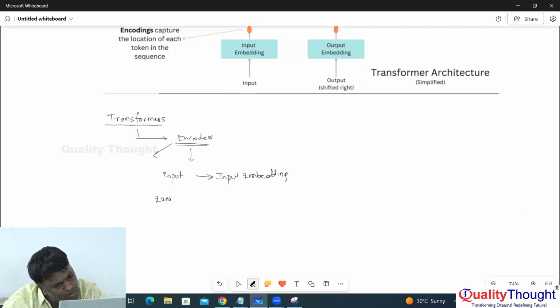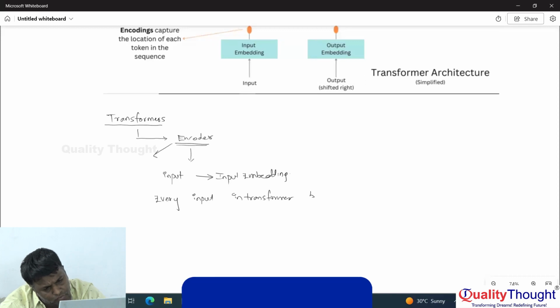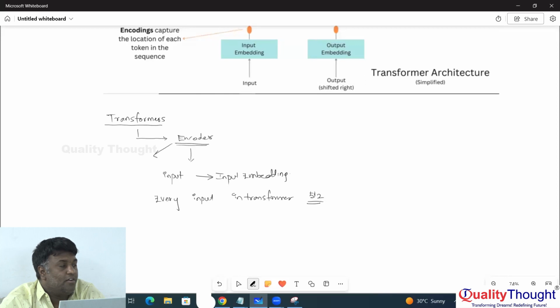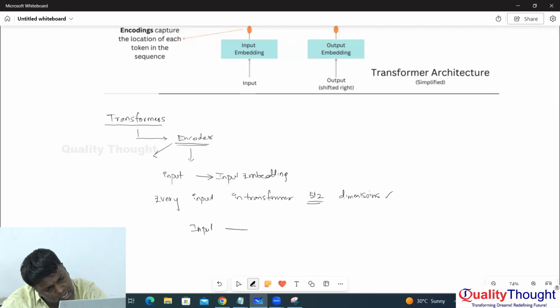Every input in transformer is 512. Size will be converted into the 512 dimension. How many dimensions? 512 dimensions. Input was translated to the embeddings.